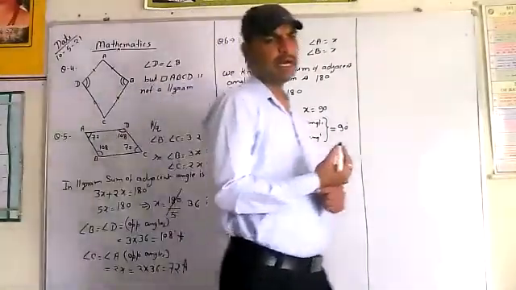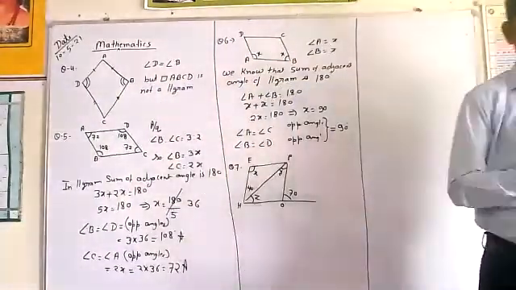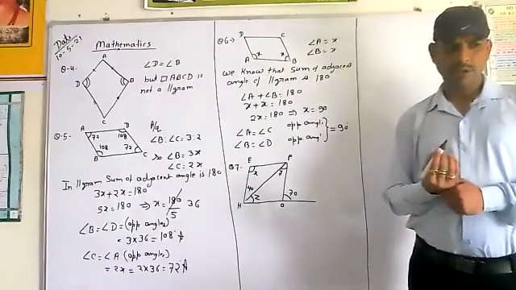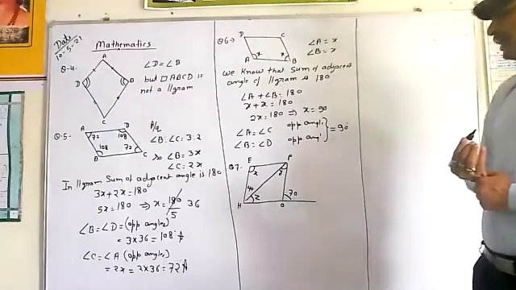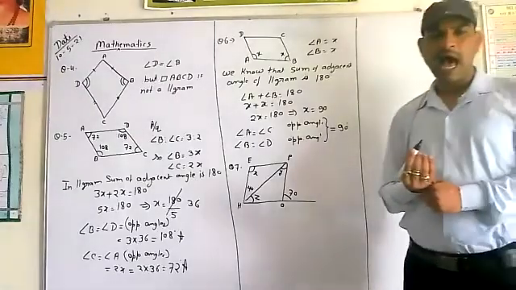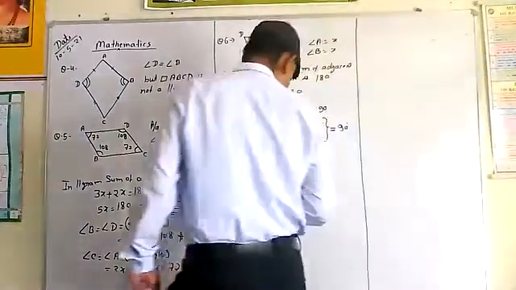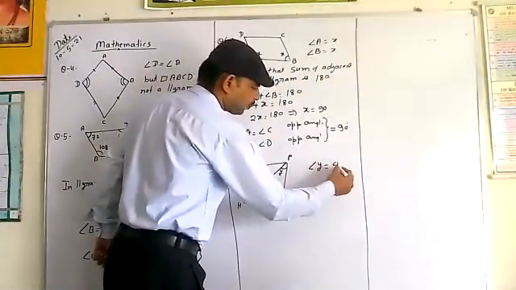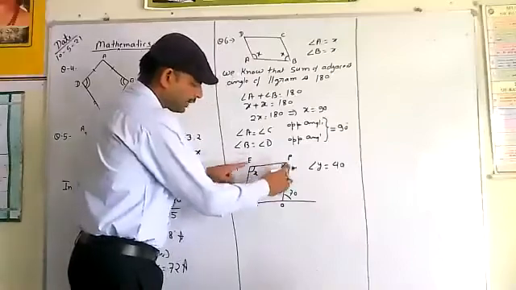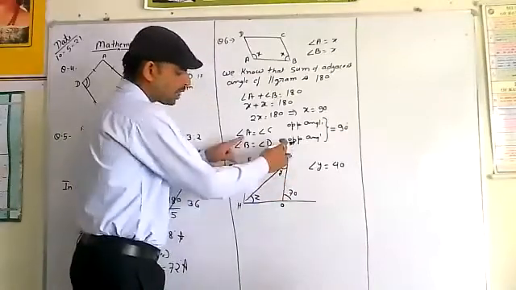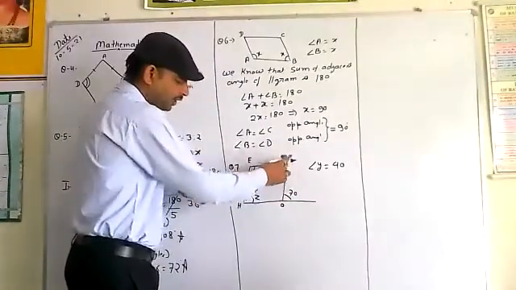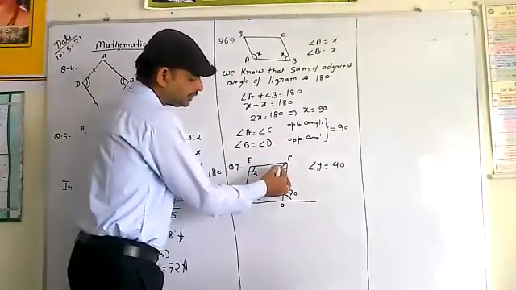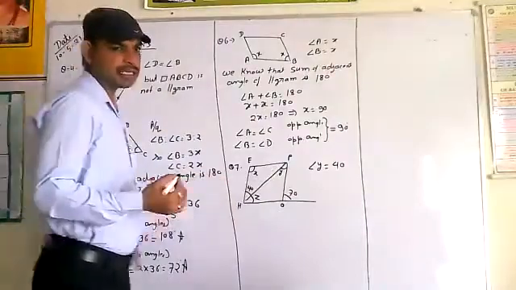Listen students, in this question, first, alternate interior angles are equal. Angle y is equal to 40 degrees. ये जो हमारी दो लाइनें हैं, these two lines are parallel and one transversal line intersects, then alternate interior angles will be the same.